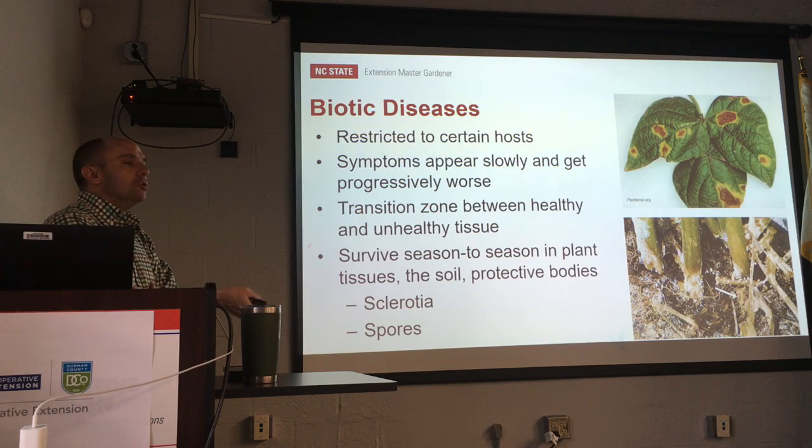It's important to remove infected material, because if you leave the infected tissue in the garden, it's more likely that that disease will appear the following season or infect other individuals that season. And in some cases, those can be quite resilient.